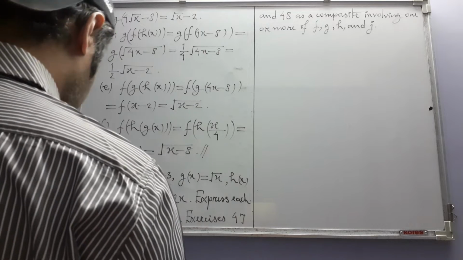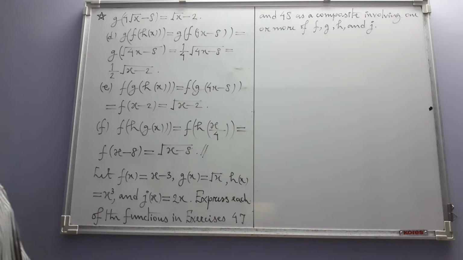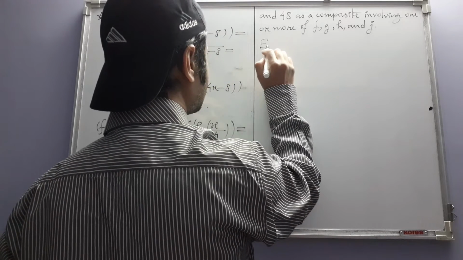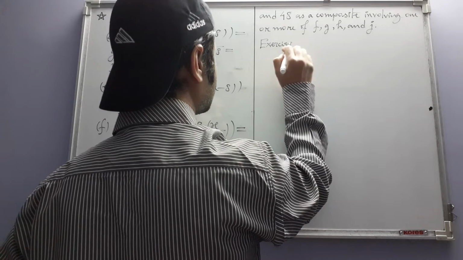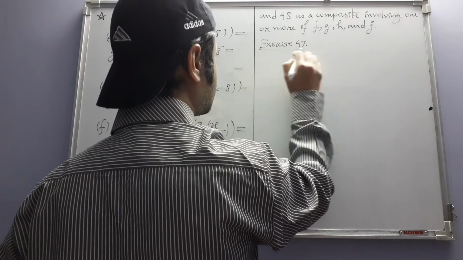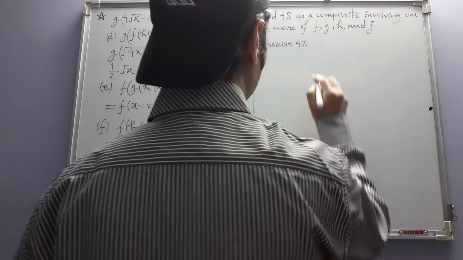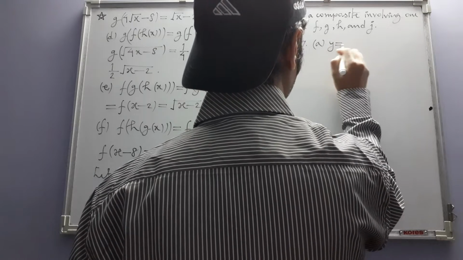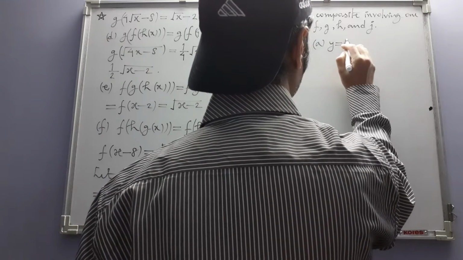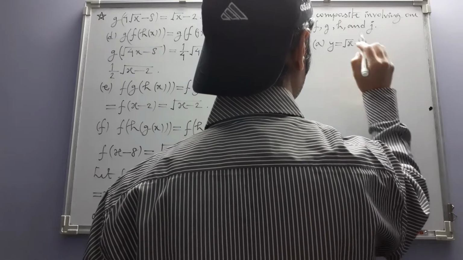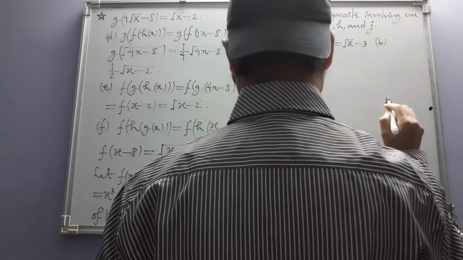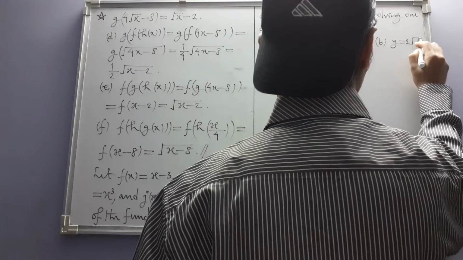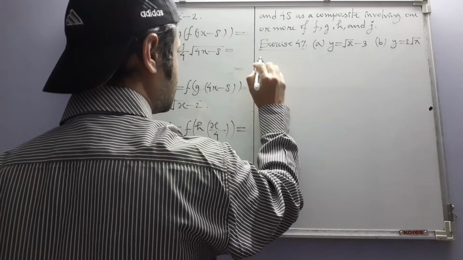Okay, so let us see those functions. A, y equal to square root of x minus 3. B, y equal to 2 times square root of x.